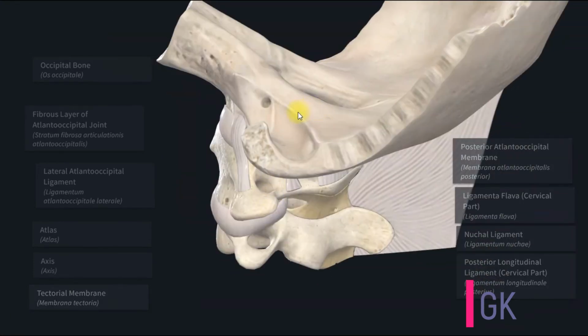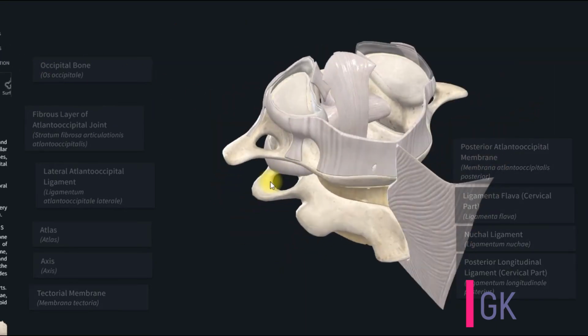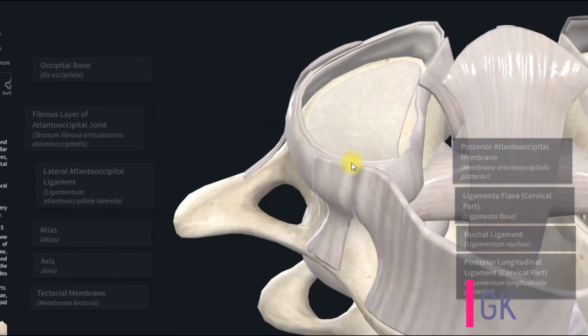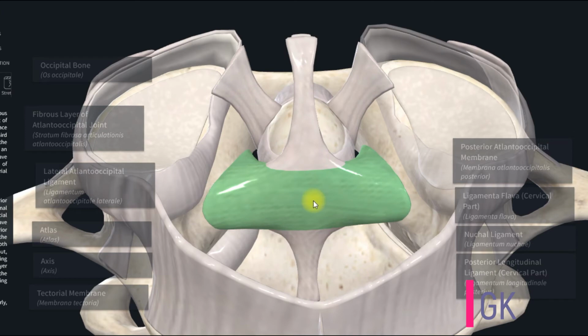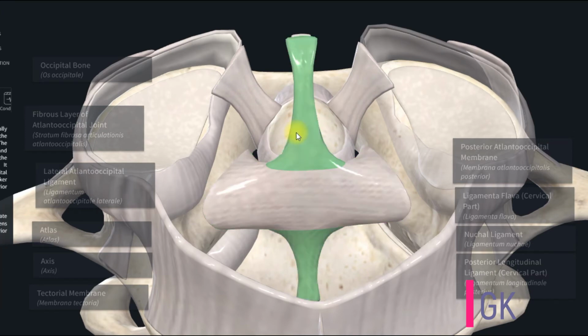But if we remove the occipital bone from this joint, we will see a cruciate-like structure below the tectorial membrane. That is the transverse ligament of the atlas and the longitudinal band of the cruciate ligament. That's why it's called the cruciate ligament.